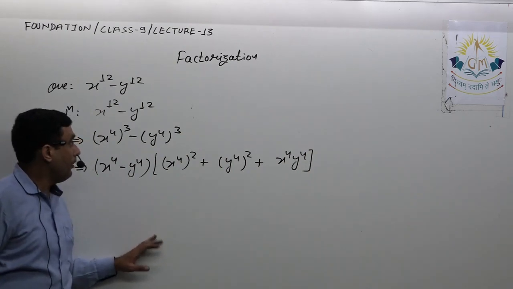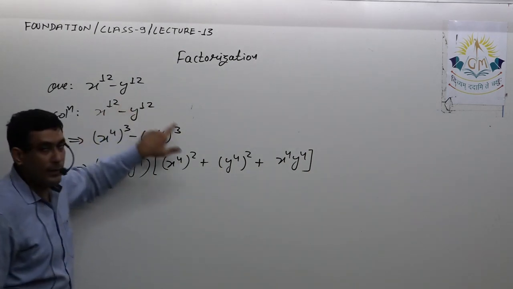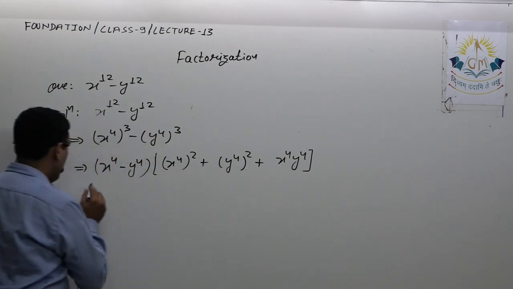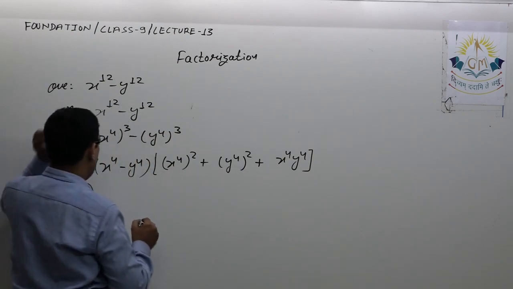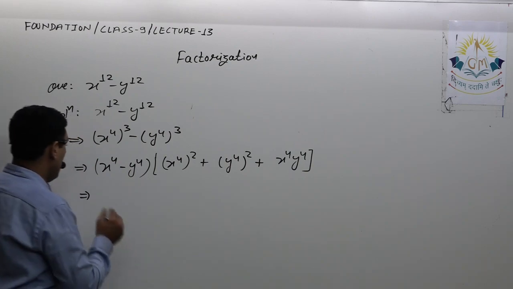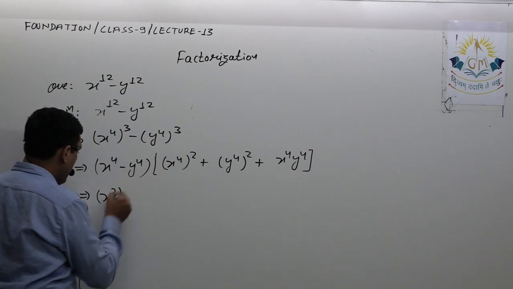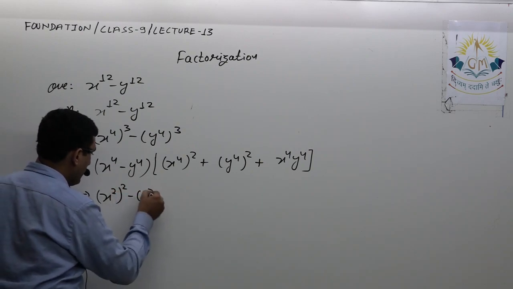Okay, this is the one way. Or if I say raised to 6 raised to 2, both ways are correct, but as I started with this, I will complete, then I will tell you how to solve with another method. Okay, so here now this can be written as x square square minus y square square.